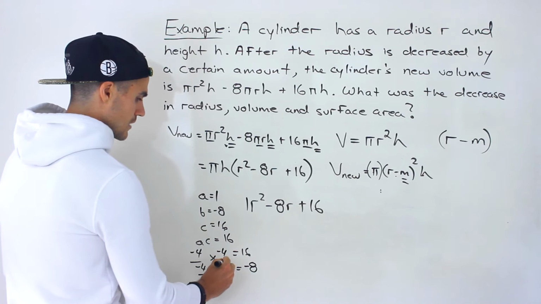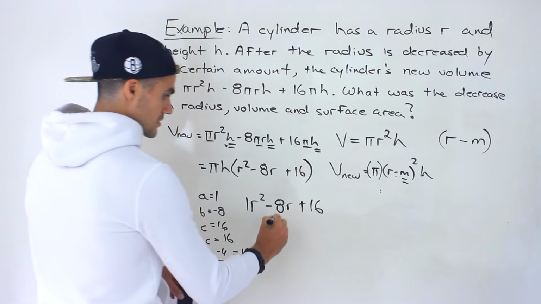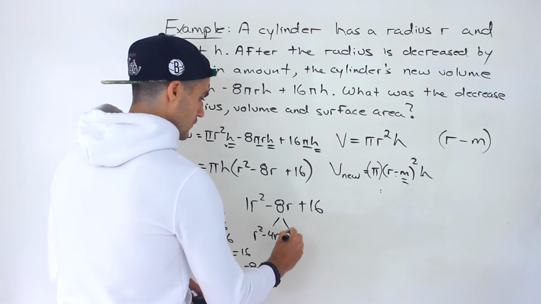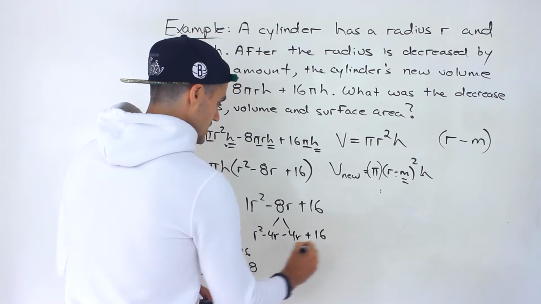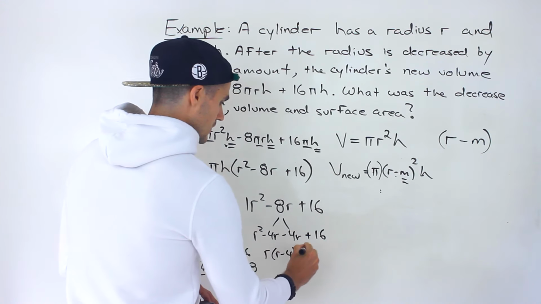Okay, so notice that we're dealing with a perfect square trinomial. These two numbers are the same over here. So we'd have r squared minus 4r minus 4r plus 16. From these two could take out an r. From these two could take out a -4.